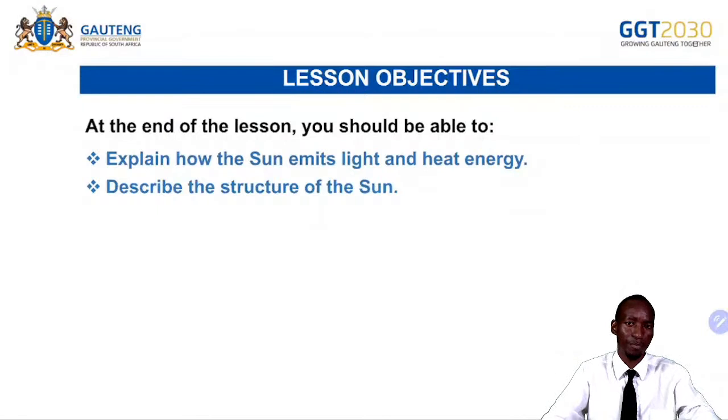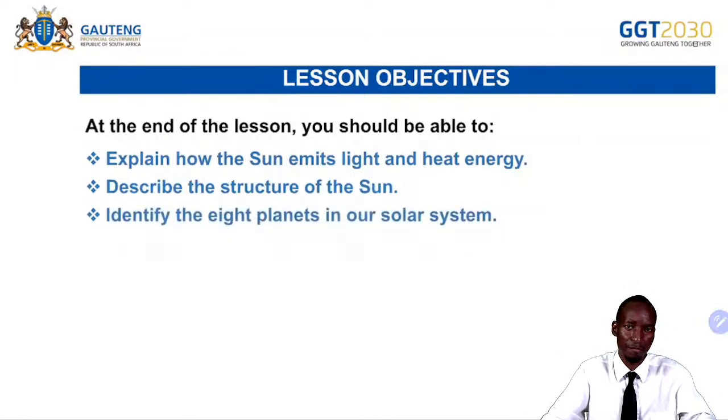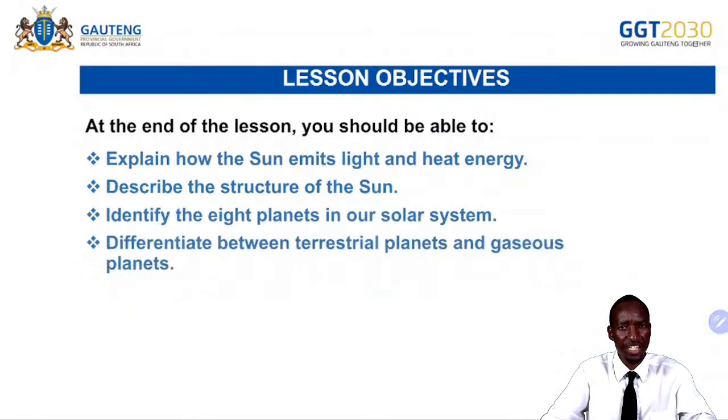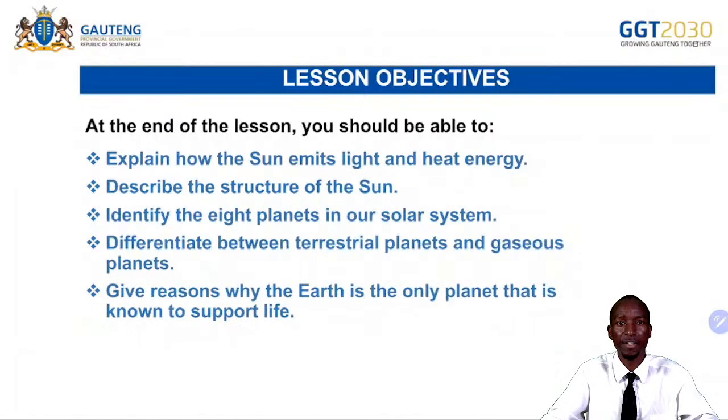We also have to be able to identify the 8 planets which are found in our solar system, and also differentiate between terrestrial planets and gas planets. And finally, we are supposed to be able to explain why only the planet Earth is able to sustain life. These are the objectives of the day.